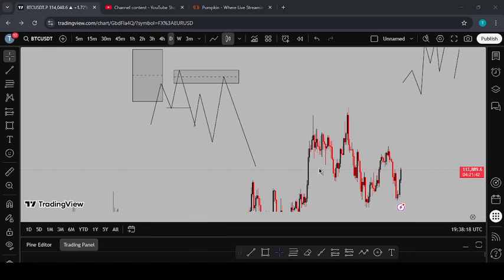And getting your edge simply means spotting a high probability setup, right, that repeats itself always, right, in the market, that gives you a high probability of winning over time. That's just a trader's edge.